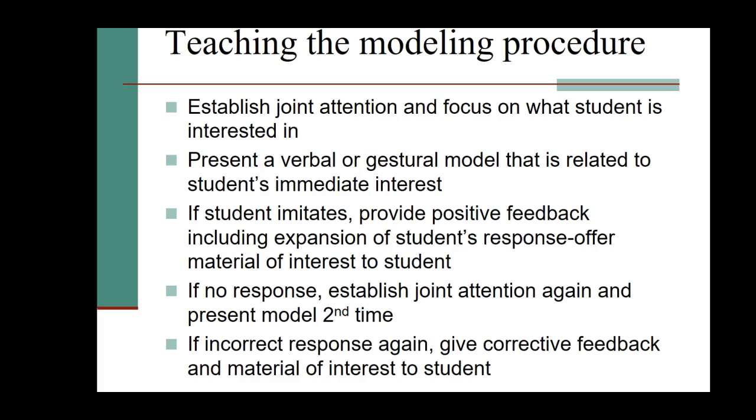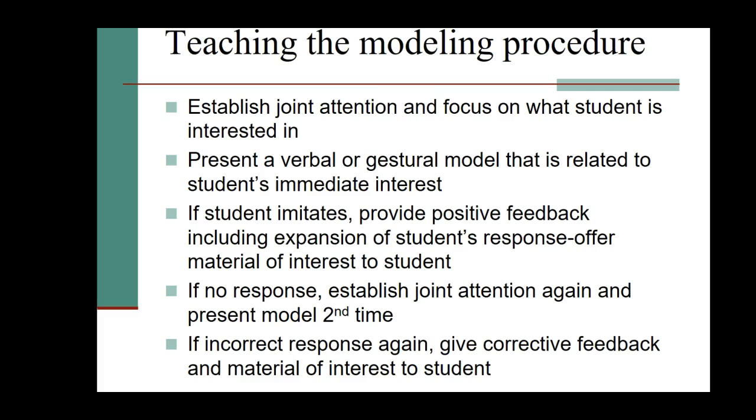When we do that, we present a verbal or gestural model. Gestures, we're using our hands as we speak, looking at their immediate interest. How do we know what they're interested in? Those are the things that they gravitate to. We get parental information of what they normally look at or play with at home.